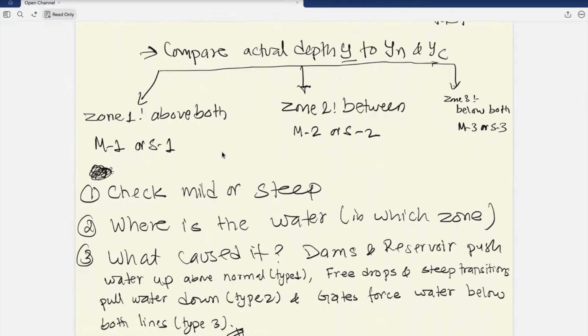So our step will be first checking whether the profile is mild or steep, and then where the water is, in which zone: zone 1, zone 2, or zone 3, and what causes it. A dam or reservoir pushes water up above normal, which is type 1; free drops and steep transitions pull water down, which is type 2; and gates force water below both lines, which is type 3.